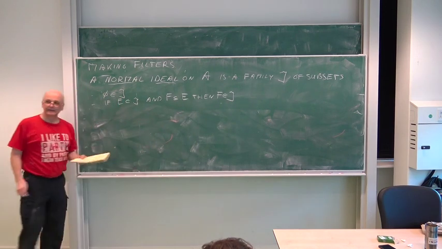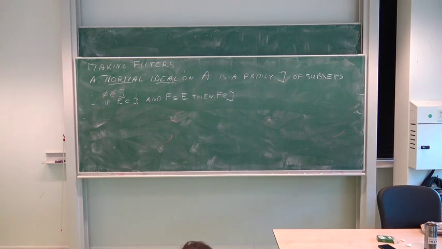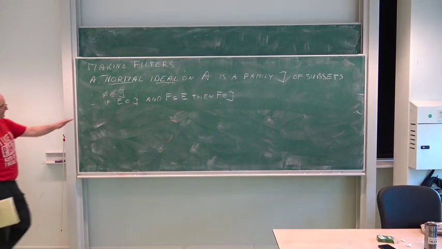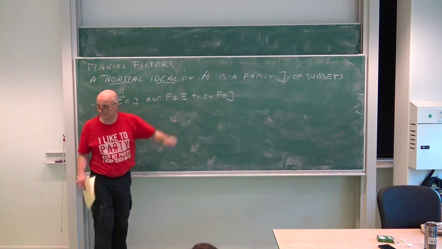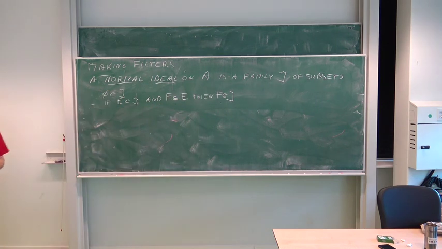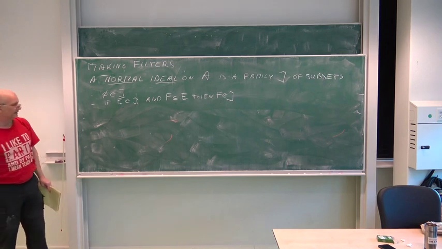So the elements of I are, shall we say, small. Because if something is small and something is a subset of it, then it's small as well. Ideals generally try to formalize the notion of a family of small sets.